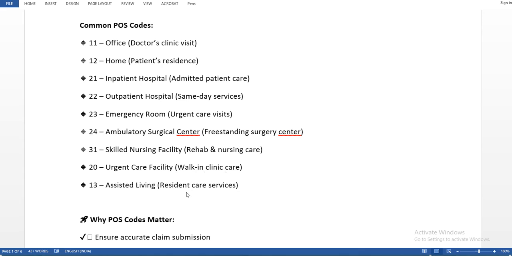POS 13 is for assisted living, which is for resident care services. These are the most common POS codes we will encounter in day-to-day coding.